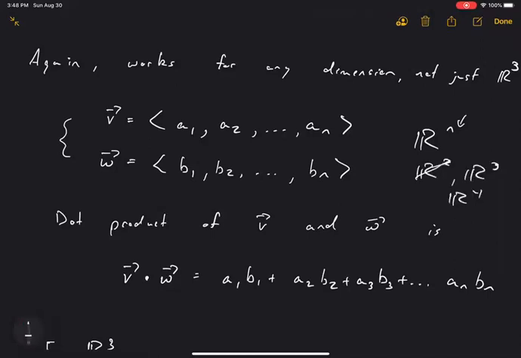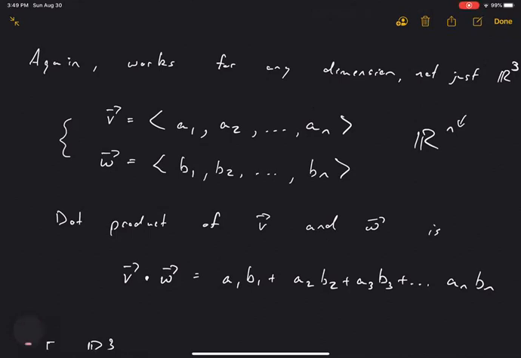Okay. So let's just stick with Rn for just a second. Let's say I have these two vectors in Rn, the vector v and the vector w. This vector v has n components, right? We're working in n dimensions, so our vector should have n components: a1, a2, all the way up to an.